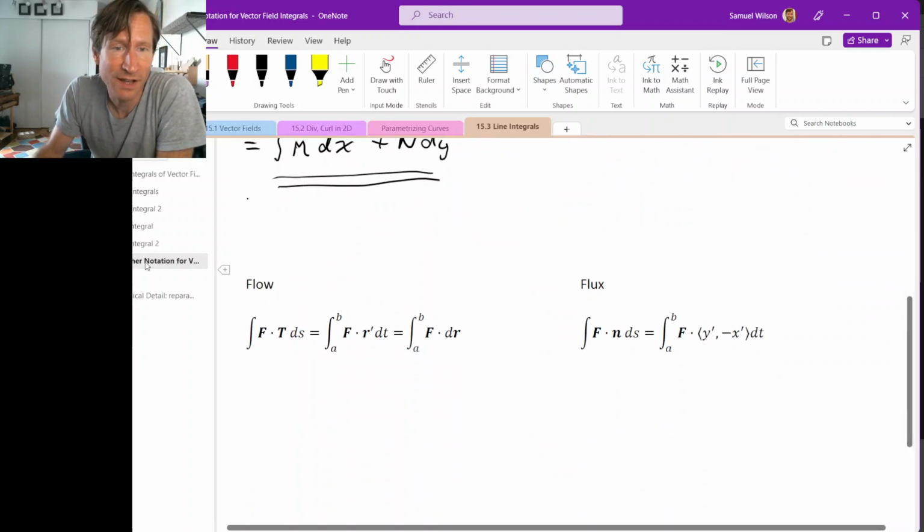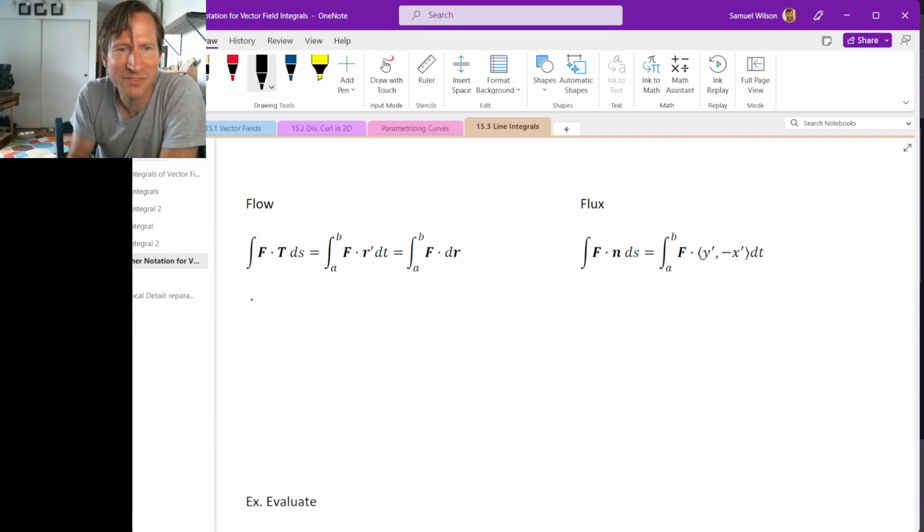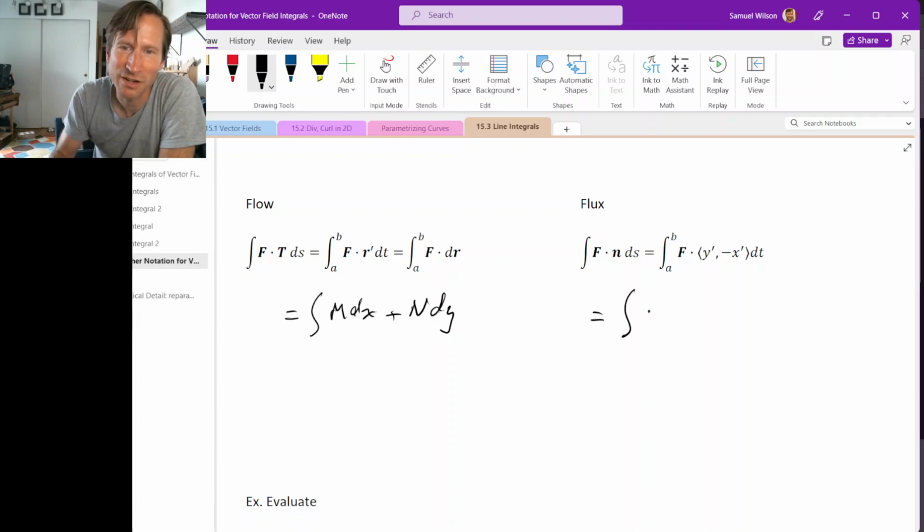So now we have one more item to add to our list of what the flow and the flux integral is. The flow integral is the integral of M dx plus N dy, and the flux integral, another way to write it, is the integral of M dy minus N dx.